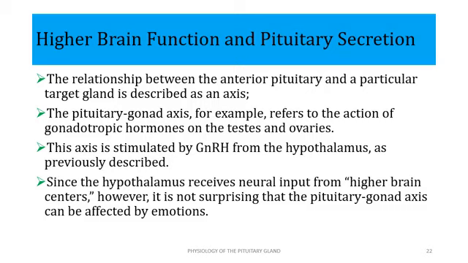As we have seen, gonadotropin releasing hormone from the hypothalamus stimulates the anterior pituitary to secrete follicle-stimulating hormone and luteinizing hormone, and these hormones will act on the testes and the ovary, leading to sex hormone production. Again, this will have an effect on the follicle-stimulating hormone and luteinizing hormone, where it will lead to cancellation. Also, the hypothalamus will receive neural input from higher brain centers.